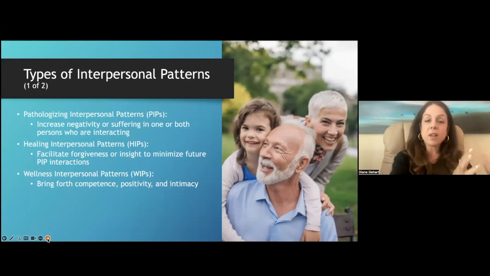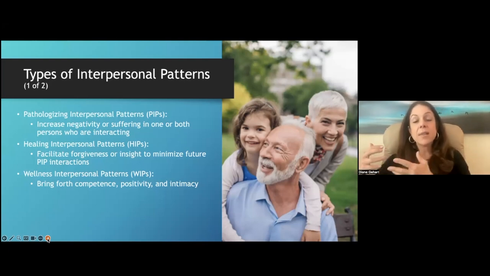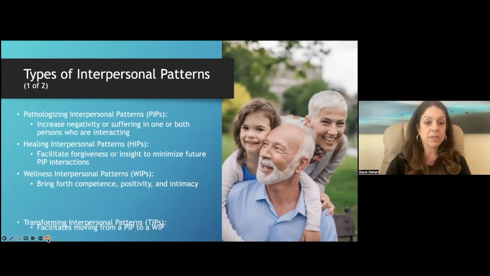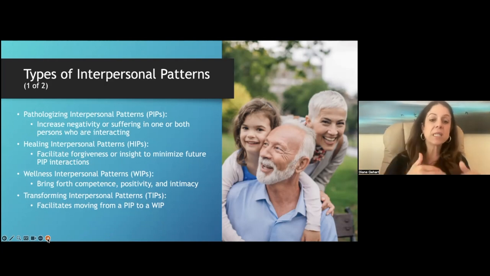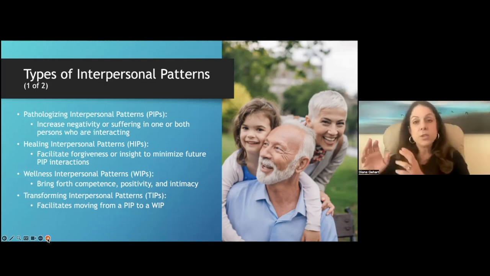And so sometimes you have some idea of what you did differently, but looking at how that internal process creates a wellness process versus a pathologizing process. So again, pathologizing interpersonal patterns, those are your symptoms. The healing ones are anything that needs to be done, especially between people, to reconcile, facilitate forgiveness between our clients. And the wellness is kind of your solution, what you want to have more of. And then transforming interpersonal patterns often refers to what we as clinicians do, but we're facilitating a move from a PIP to a WIP.